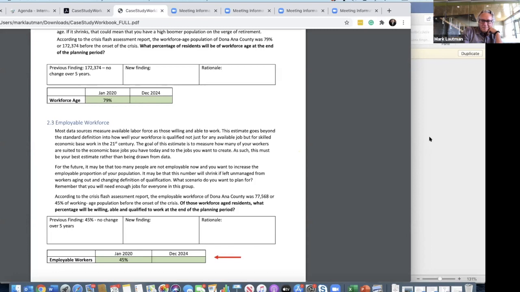Nathan, is that for the county or is that just for Las Cruces? Sorry, that's for the county, the MSA. This is from July 1, 2019, so a little older. It estimates 24% of the county population under 18, and 16.2% over 65.